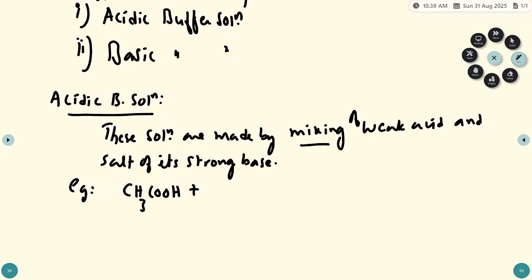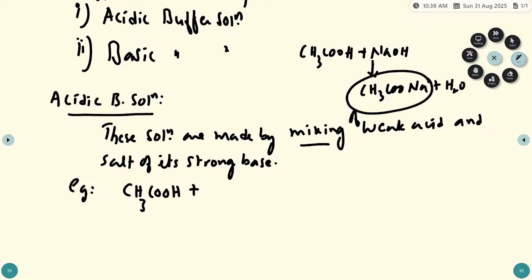See how salt is formed when acid is mixed with a base. For example, here I take a strong base, that is NaOH. By mixing, we get CH3COONa and water. So here I have to take this salt.